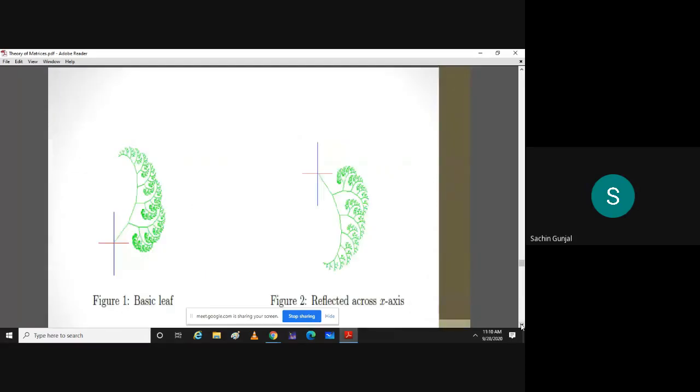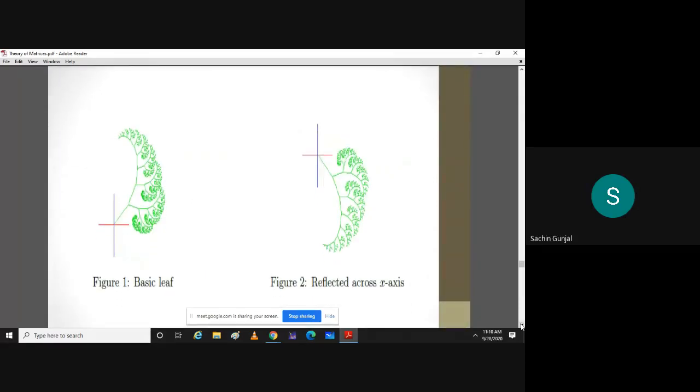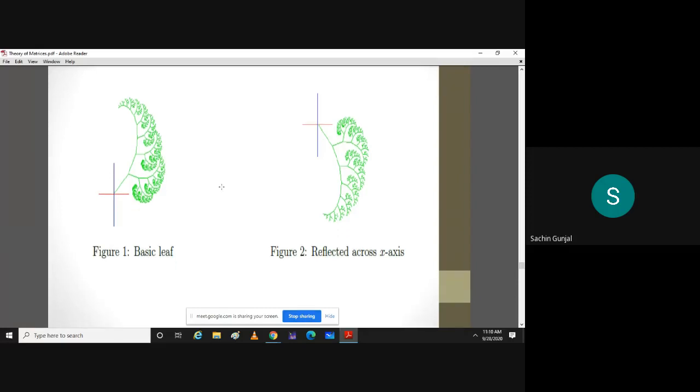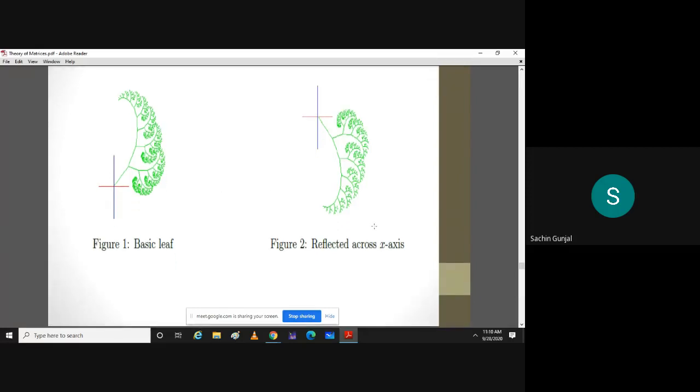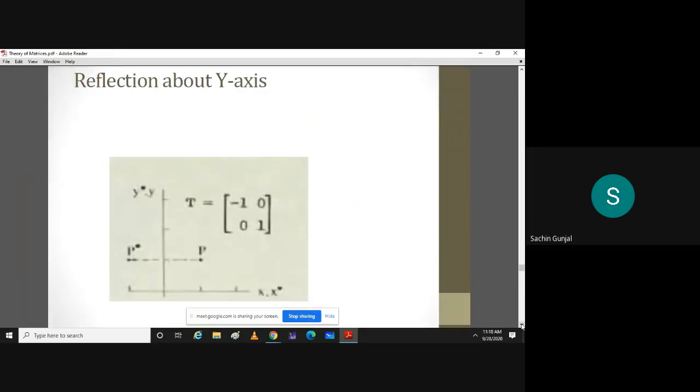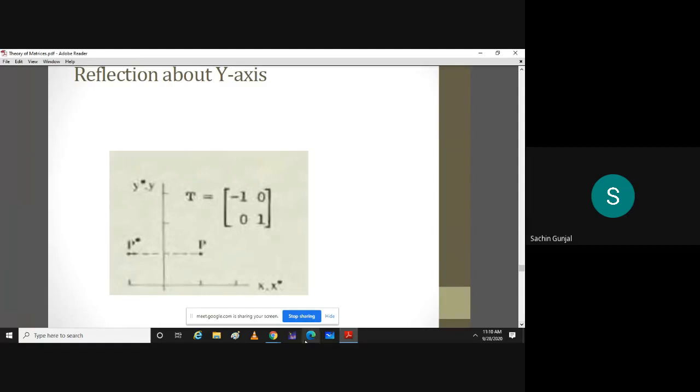So this is the figure to understand. If this is a leaf, its reflection about the x-axis will be like this. Then reflection about the y-axis: if you have point P, its reflection about the y-axis is P dash.